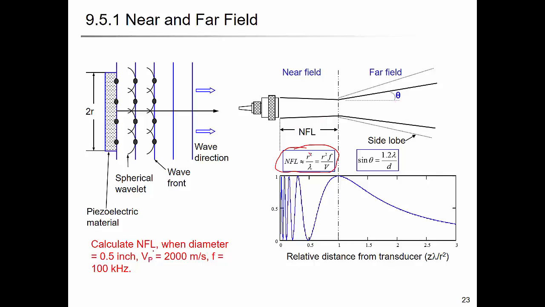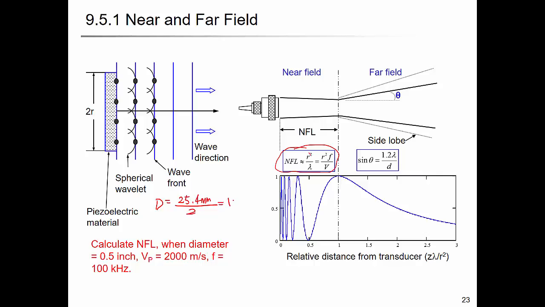So if you calculate the near field region using this equation, how much would it be? For example, this one, the diameter is 0.5 inch. So in millimeters, how much is it? 25.4 millimeter over 2.